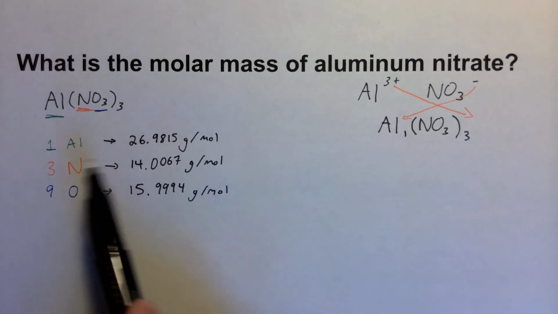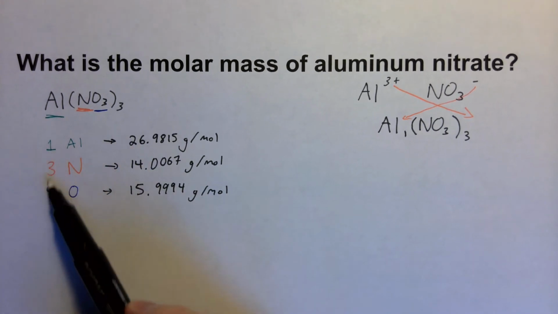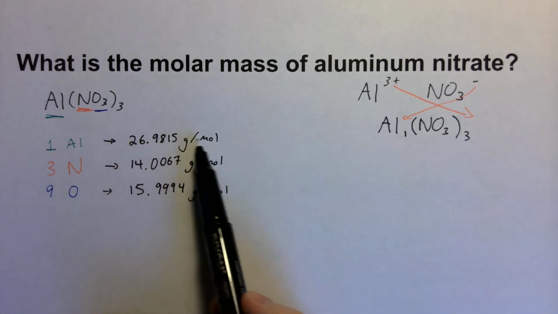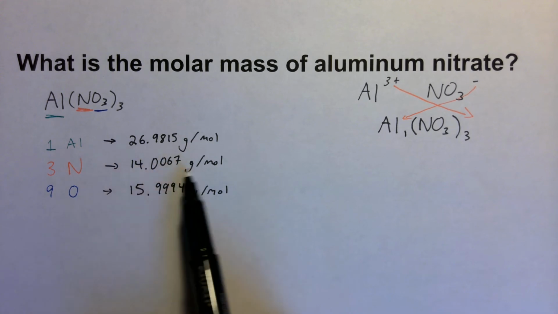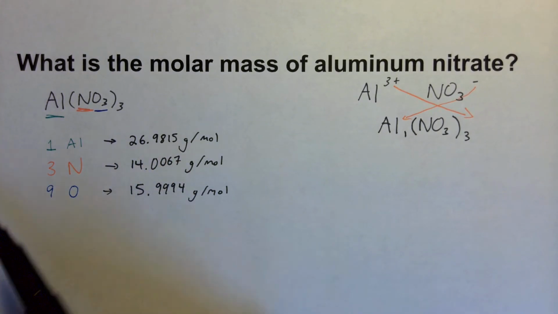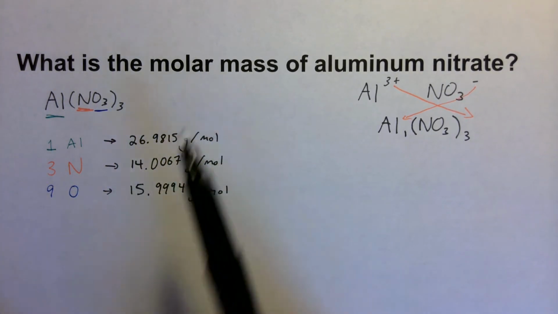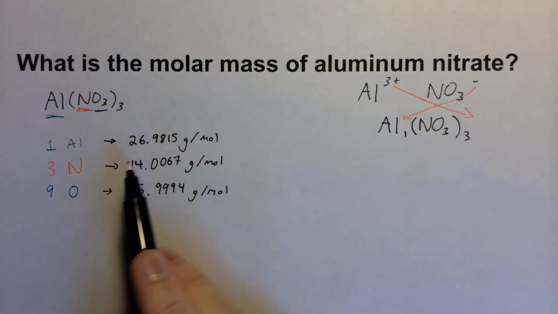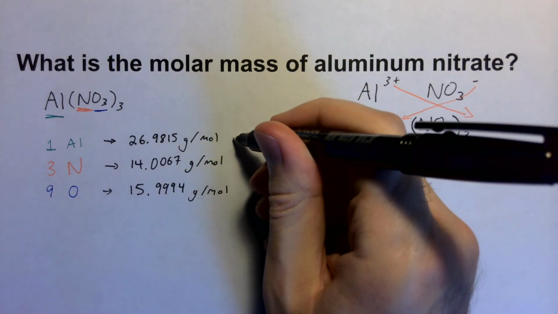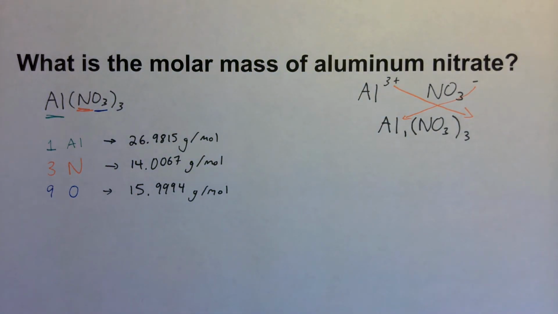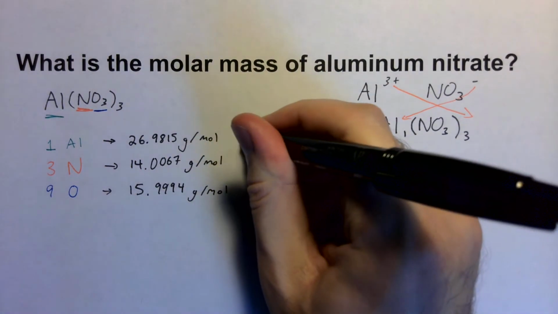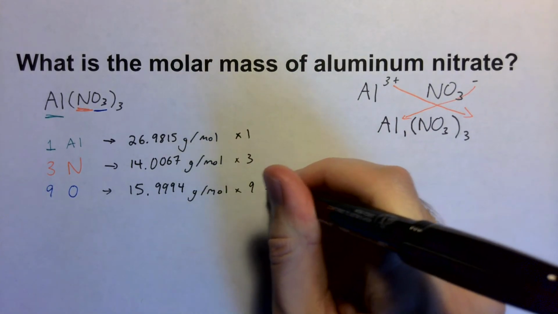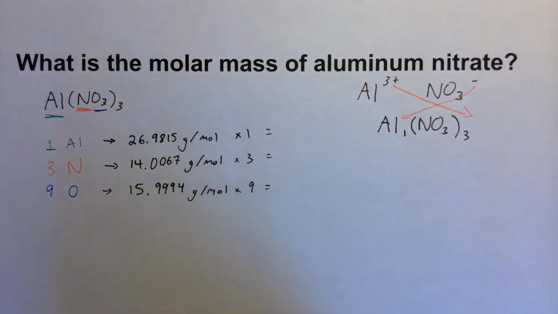But now we have to make sure that we're multiplying by the number of atoms in the actual compound, because each atom of aluminum has this mass, each atom of nitrogen has this mass. We're assuming a 1 mole sample. So the actual final molar mass for each of these: we know that there's 1 aluminum, so that's times 1, times 3 for the nitrogen, and times 9 for the oxygen.